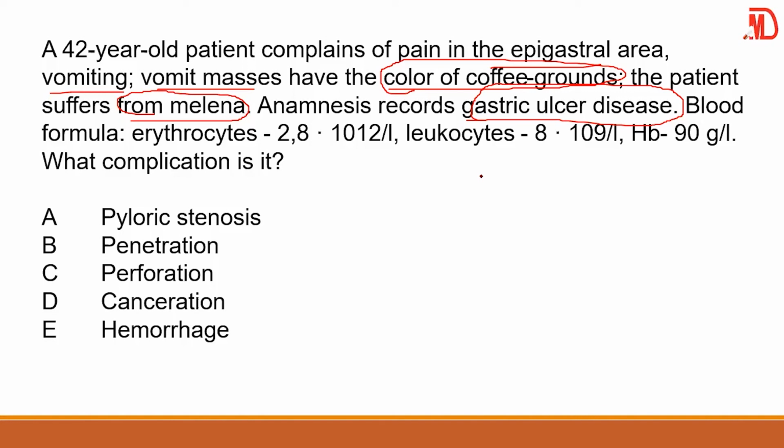When I say the antral part, that's close to the pyloric part. You can develop stenosis. So you know these complications in your head, and it helps you with the diagnosis. The appearance of blood in the vomit and in the feces tells you that we are having a case of hemorrhage.